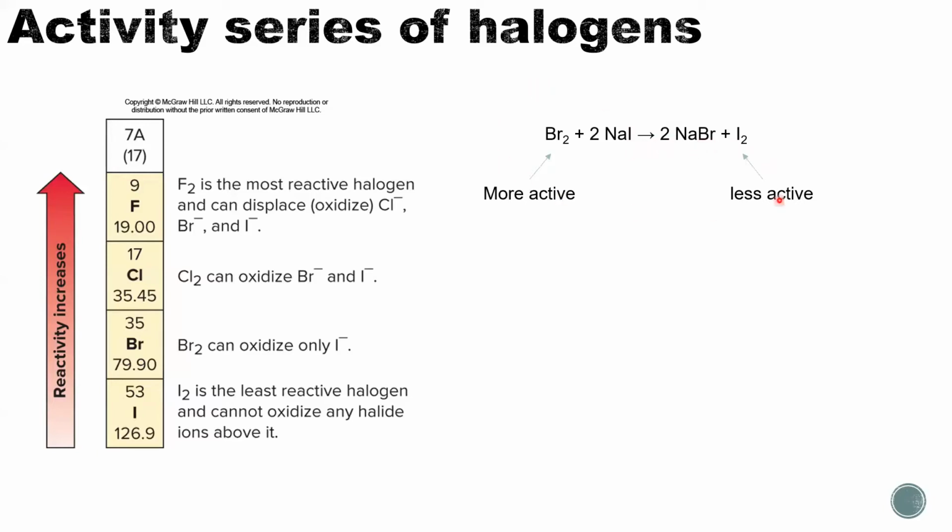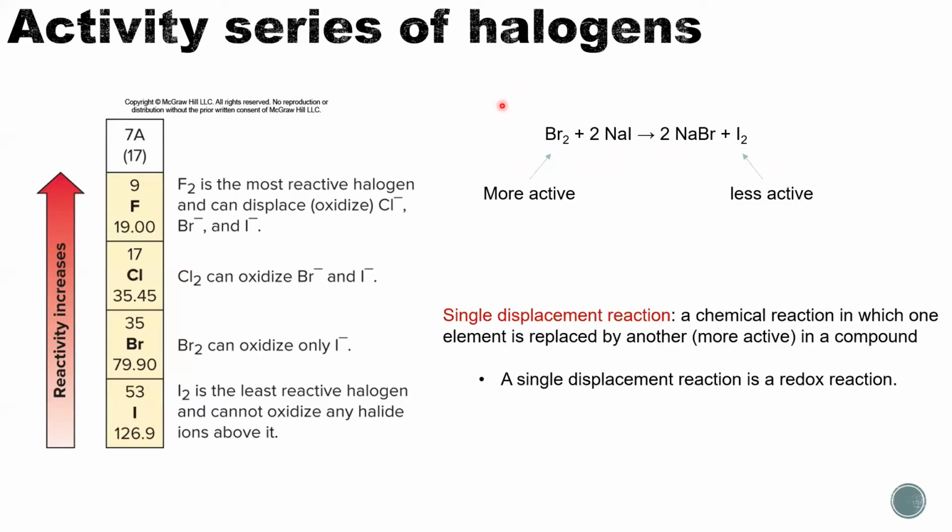So overall, this is how the more active elemental substance displaces the less active element. This reaction from the activity series is a single displacement reaction. It means a chemical reaction in which one element is replaced by another, more active element in a compound.